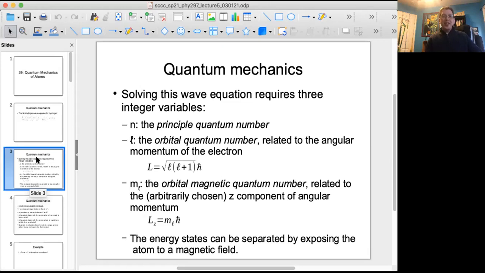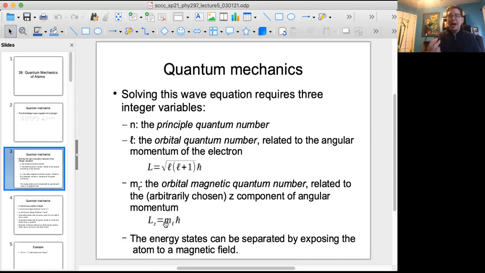And then we have a third quantum number, m sub l, which is the orbital magnetic quantum number, which is related to the z component of the angular momentum, that L sub z is equal to m sub l times h bar. So capital L here is the magnitude of the angular momentum. m sub l is the z component of the angular momentum. And remember, the angular momentum vector points in the direction of the axis.